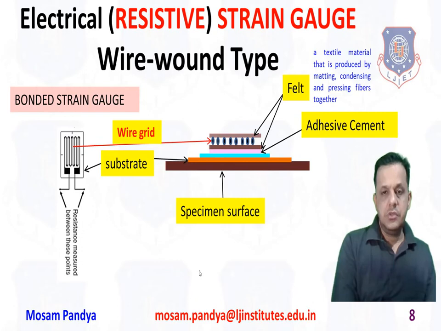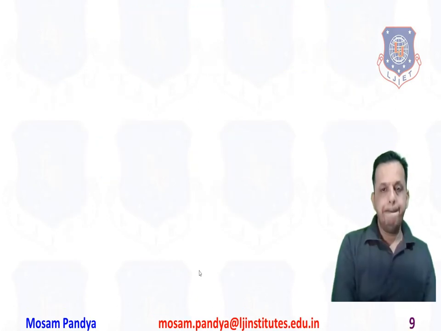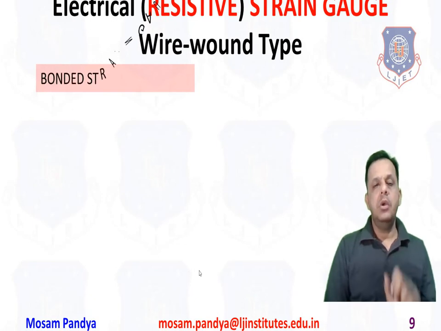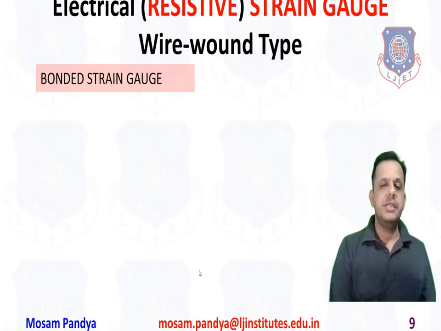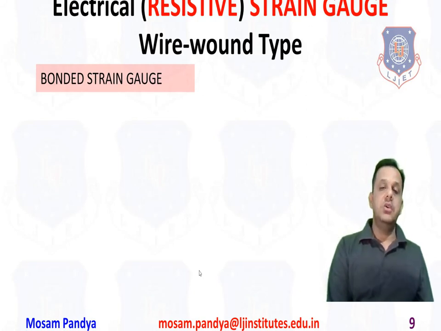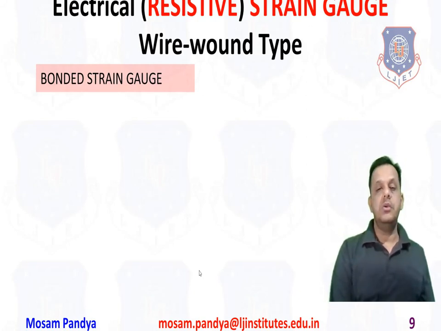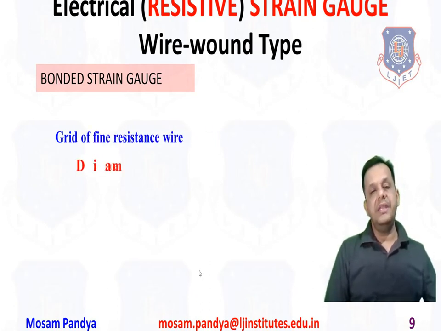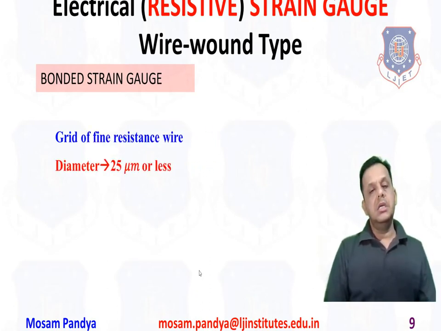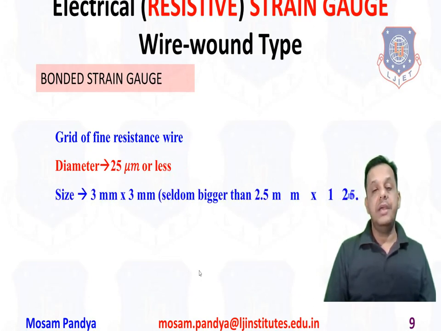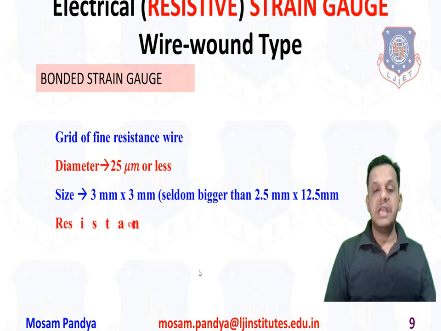Let us go a little bit ahead. For the bonded strain gauge, there are certain facts that you should remember, as they will be required when you write down the theory or go for some MCQ kind of question. It is a grid of fine resistance wire. The diameter is very small, like 25 micrometer or less, and the size is 3 mm by 3 mm.